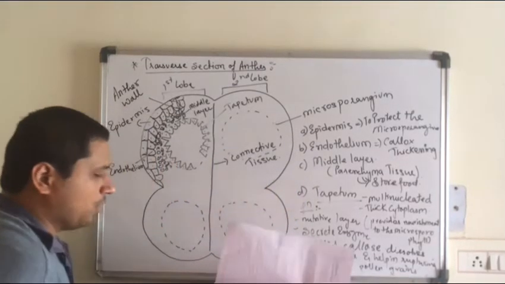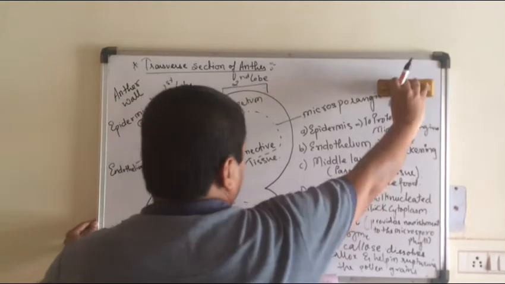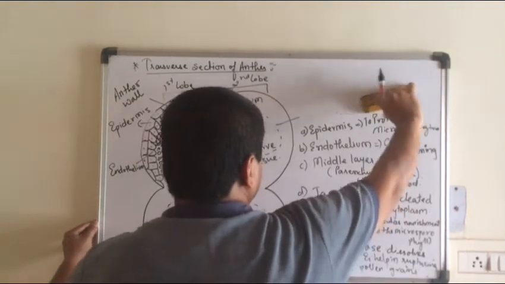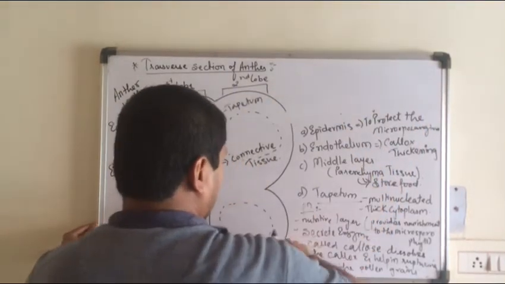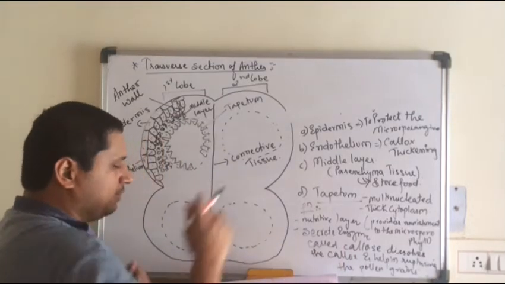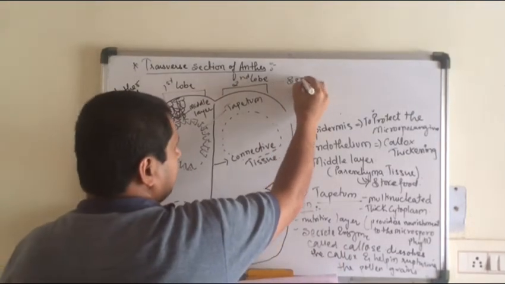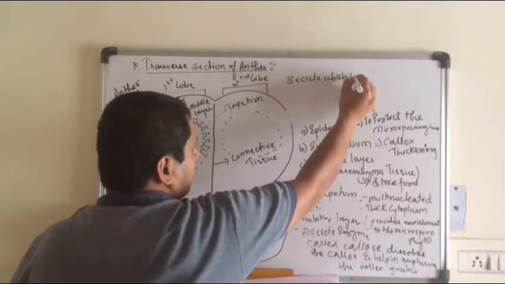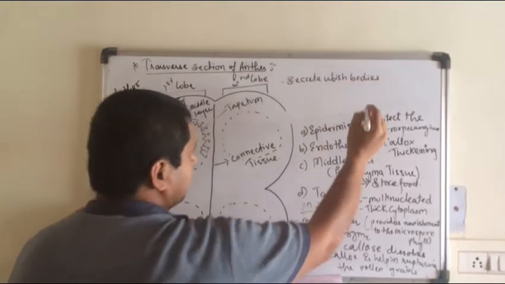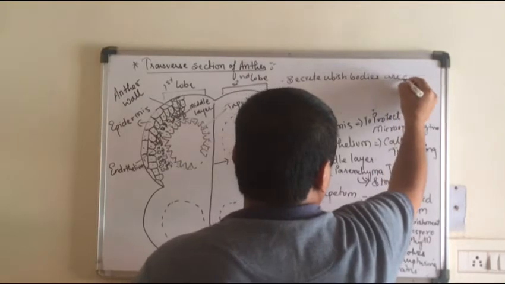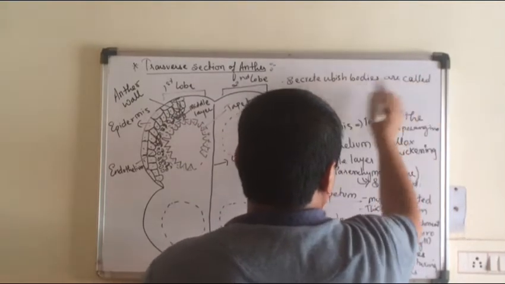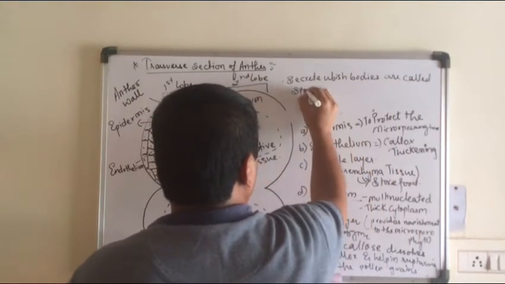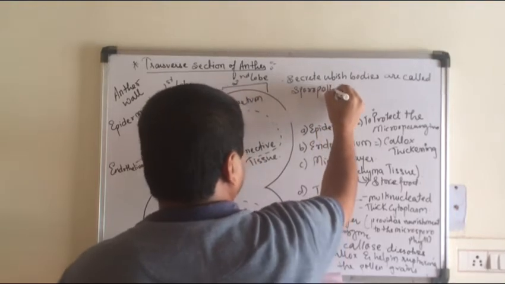Apart from secreting the enzyme, they also secrete Ubisch bodies. These Ubisch bodies are made of sporopollenin.